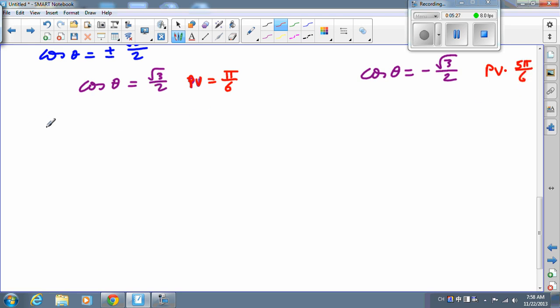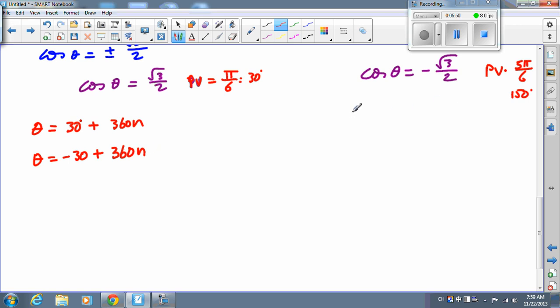All right, from here you can write theta, by the way, it's supposed to be 30 degrees and 150 degrees because we're talking about theta. So theta here is equal to 30 degrees plus 360n, or theta is equal to negative 30 plus 360n.